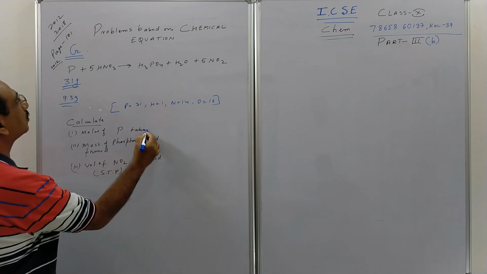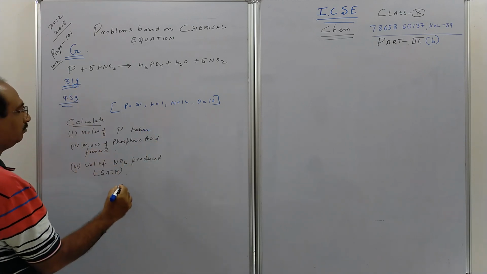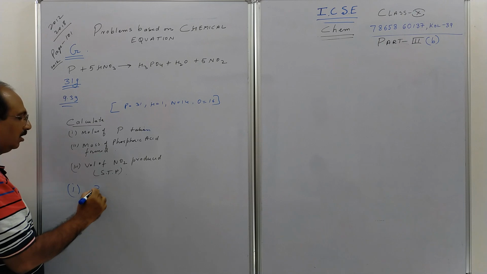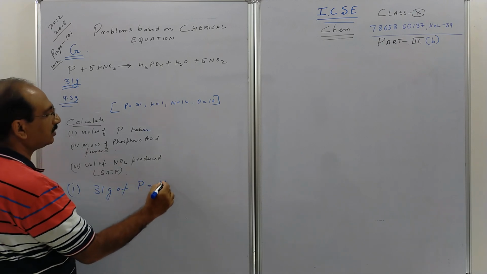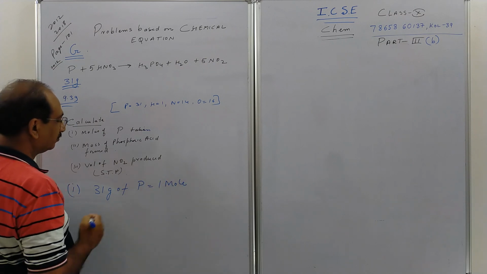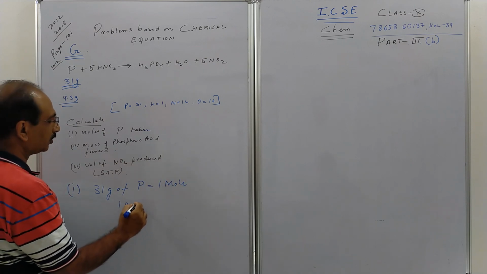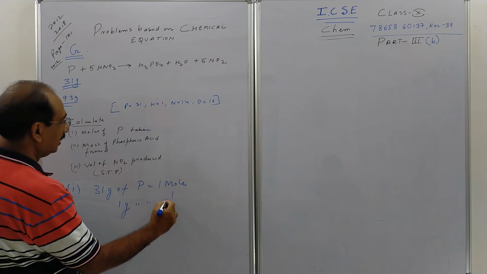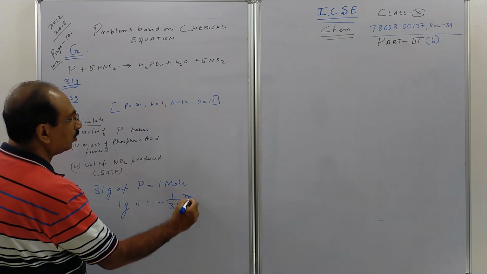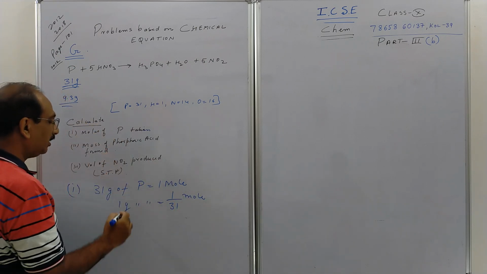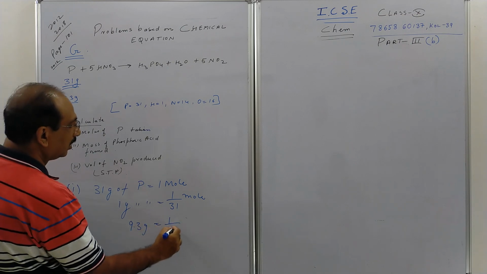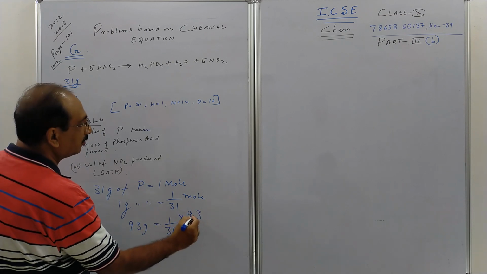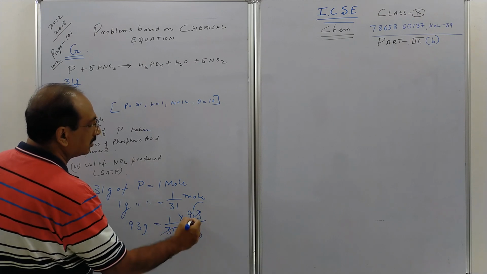Okay, so first part, moles of P taken. 31 gram of P, phosphorus, is 1 mole. So 1 gram of phosphorus is 1 by 31 mole. So finally 9.3 gram of phosphorus, as I said, it will cancel, 10 will come, 3s are.